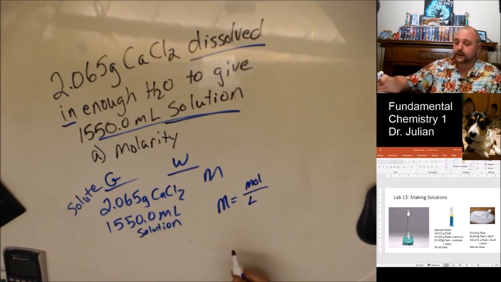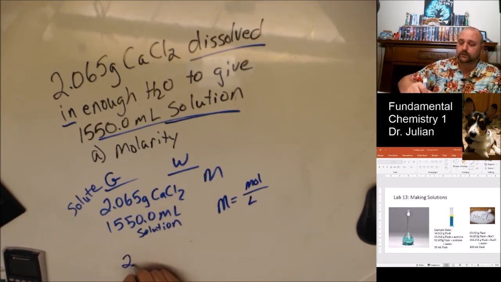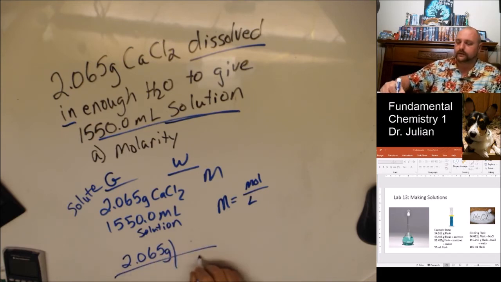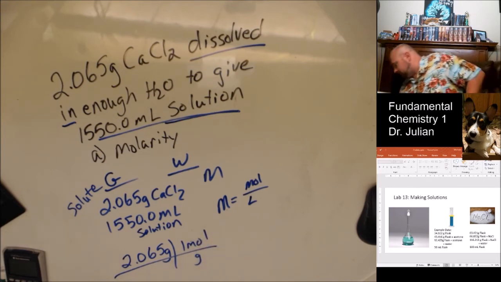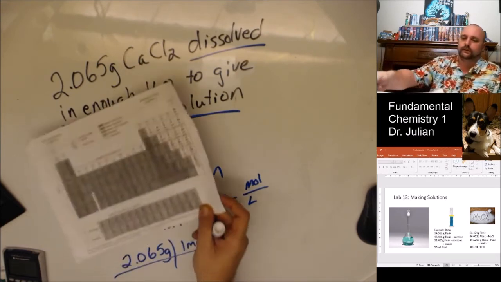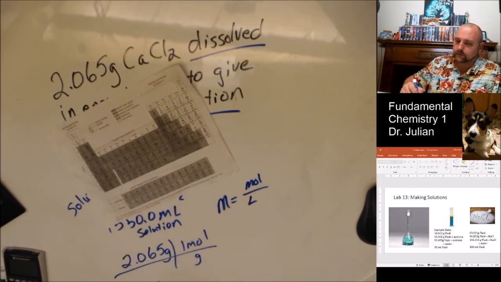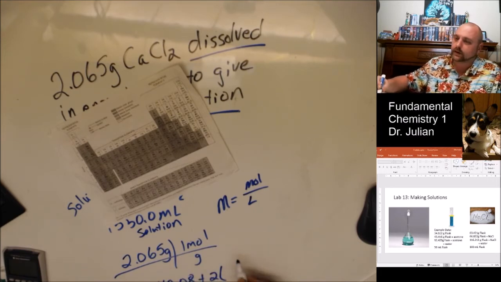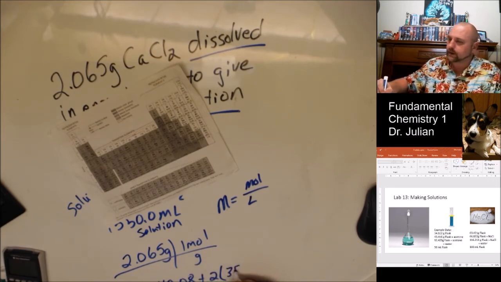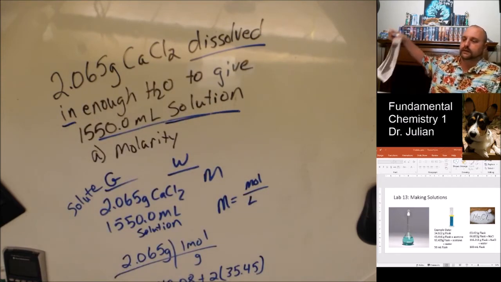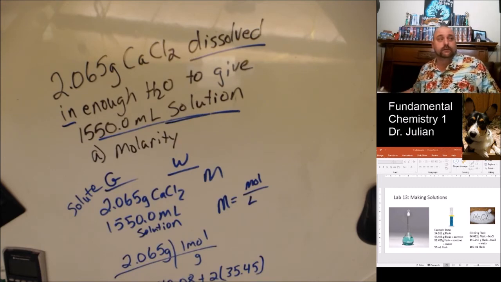Alright, so I need to take my moles, 2.065 grams, and I'm going to have to go from grams to moles. And I'll use the molar mass for that. So reviewing that real quick, calcium, I'm going to find it on the periodic table, 40.08 plus 2 times chlorine, which is 35.45. Where did that 2 come from? That came from the fact that CaCl2 came from my equation.